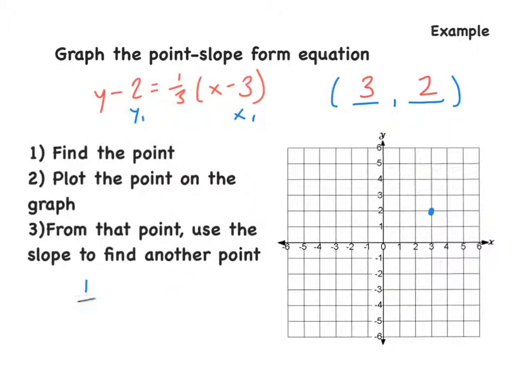Slope is rise over run, so the 1 means you rise 1, you go up 1, and run means you go to the right 3. So 1, 2, 3. You draw another point there.